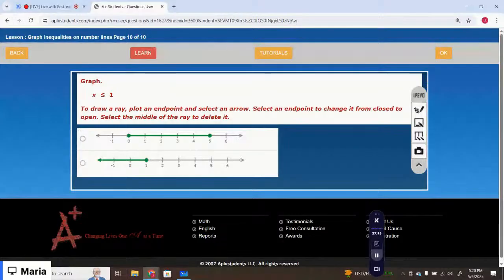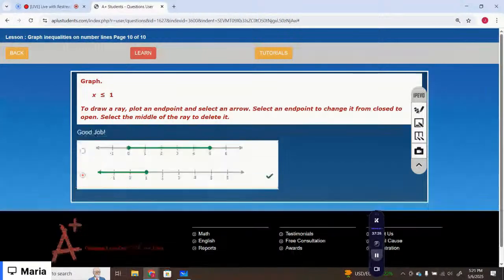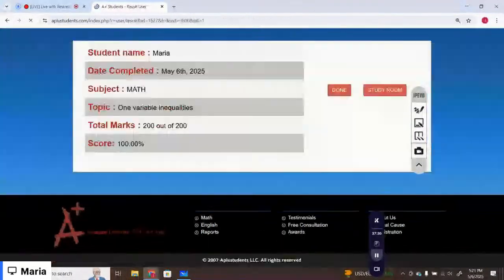X is less than or equal to 1. Option number 1 is the correct option. All the numbers that are greater than 1 are not in the solution.